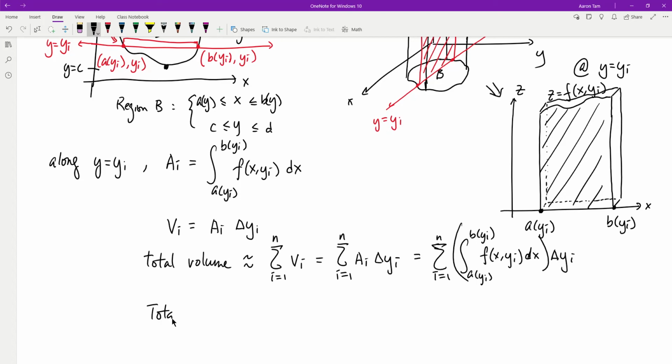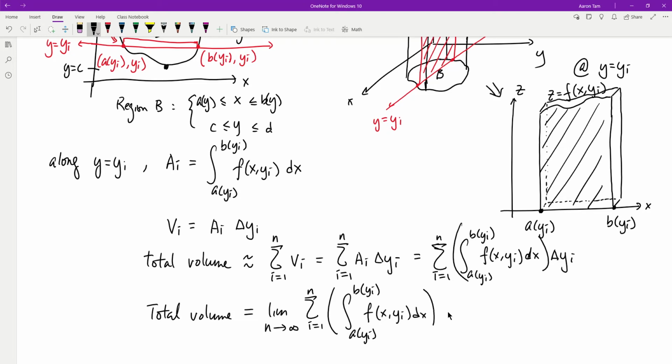Therefore, this allows us to define this total volume to be equal to this expression: the limit as n approaches infinity of the summation i from 1 to n of the integral from a of y sub i to b of y sub i of f of x, y sub i dx, delta y sub i.